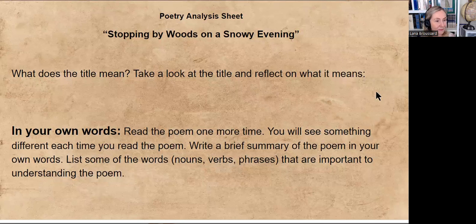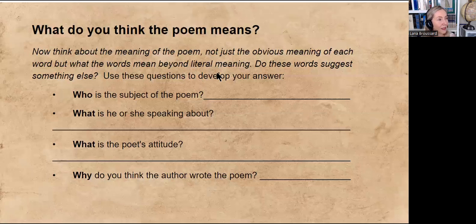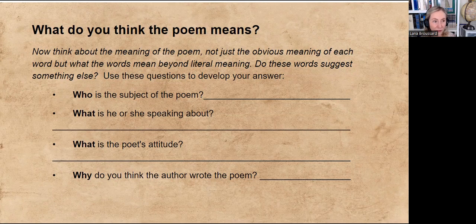And then the last thing you will do on your worksheet: what do you think the poem means? You're going to write again 3 or 4 sentences about what you think the poem means. Look at these questions. Who is the subject of the poem?